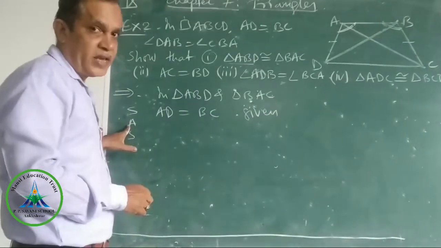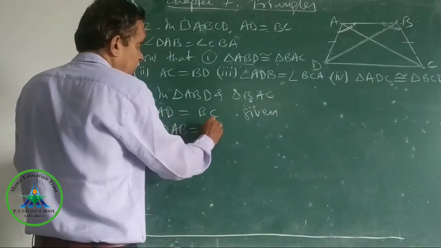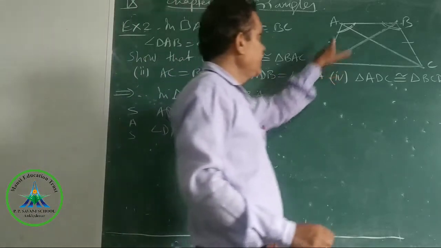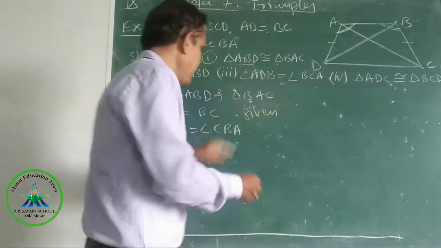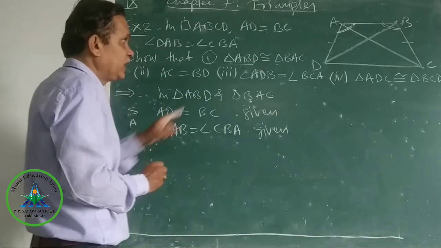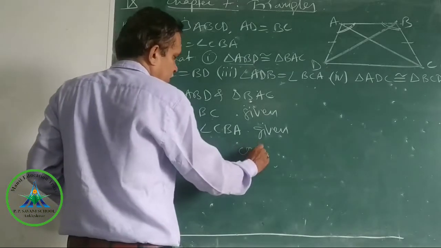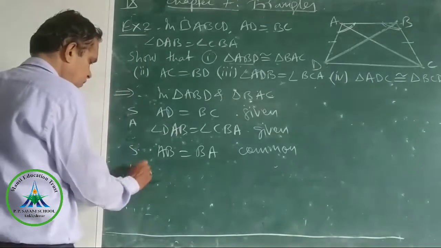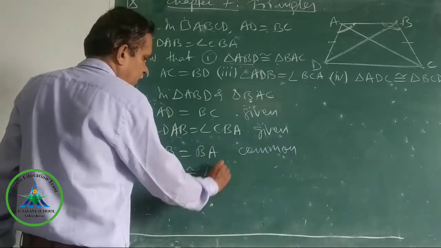Angle DAB equal to angle CBA, given. And the remaining side, AB equal to BA, common. Therefore, triangle ABD is congruent to triangle BAC.